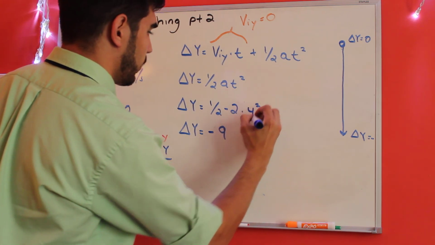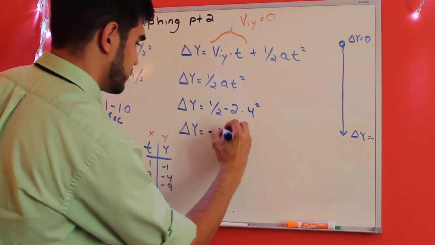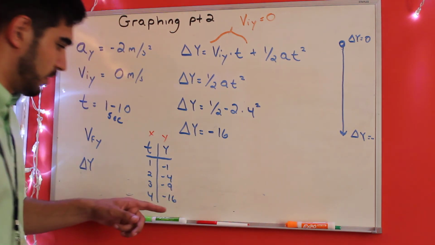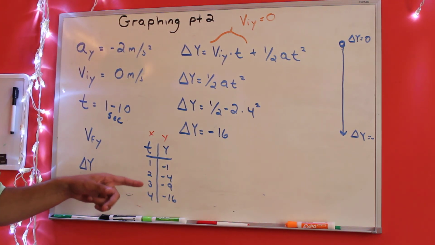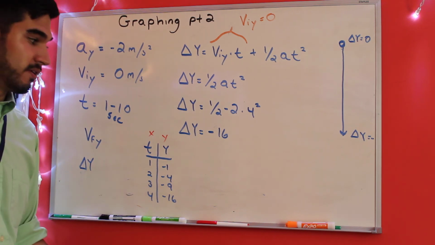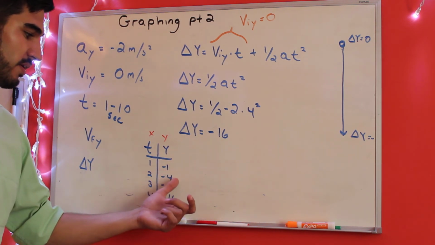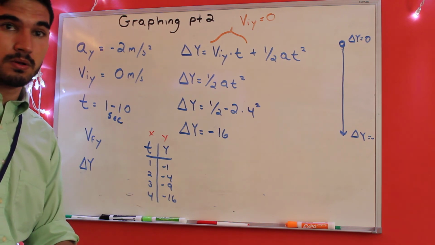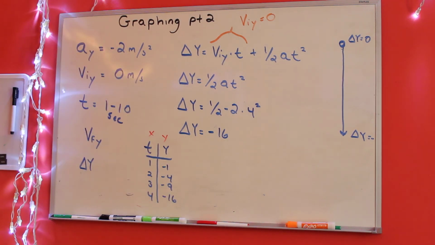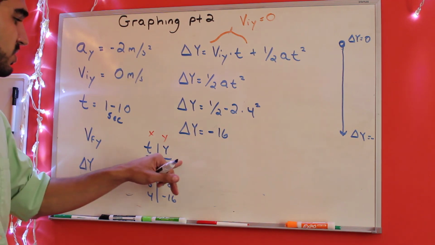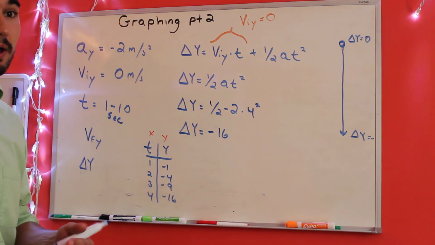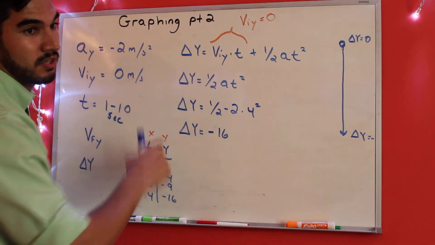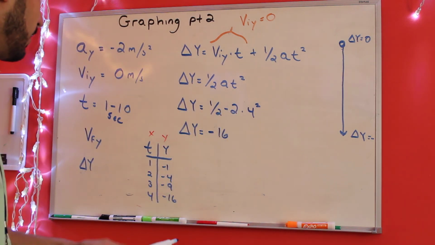If I make it 4, it's going to be -16. So I hope you can see that. That says t equals 1, 2, 3, and 4. y equals -1, -4, -9, -16. Alright? So I'm just going to erase this now, because we now have our t and our displacement y. And our a continues to remain constantly -2 meters per second squared.